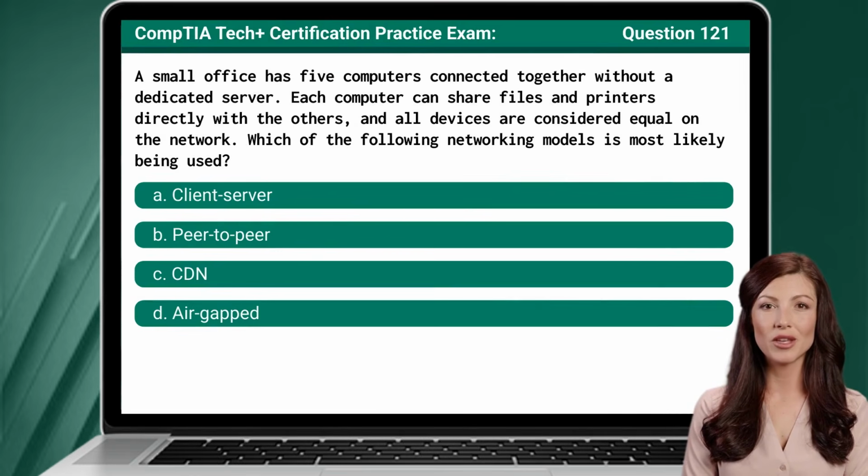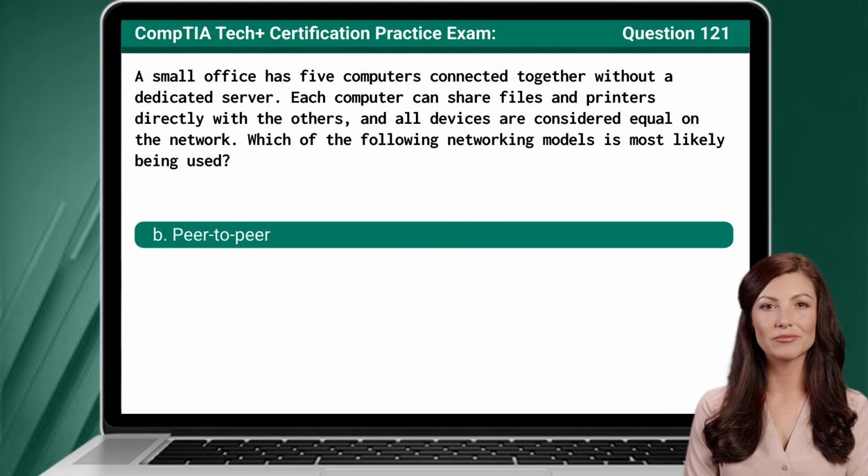Question 121. A small office has 5 computers connected together without a dedicated server. Each computer can share files and printers directly with the others, and all devices are considered equal on the network. Which of the following networking models is most likely being used? The answer is B. Peer-to-peer.